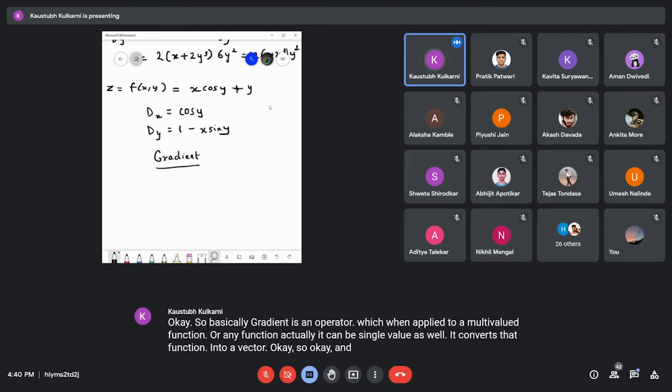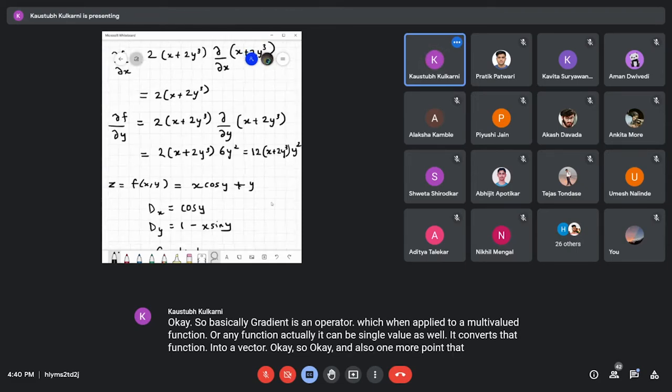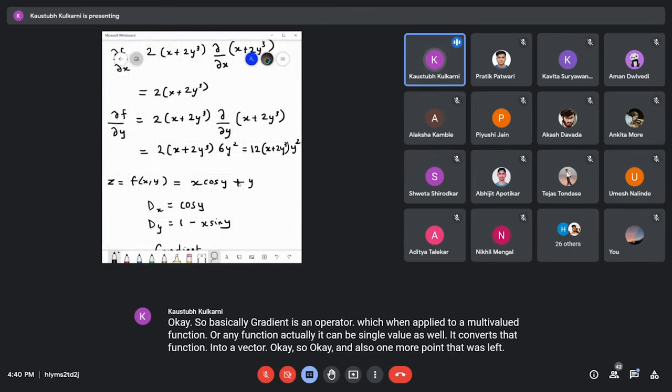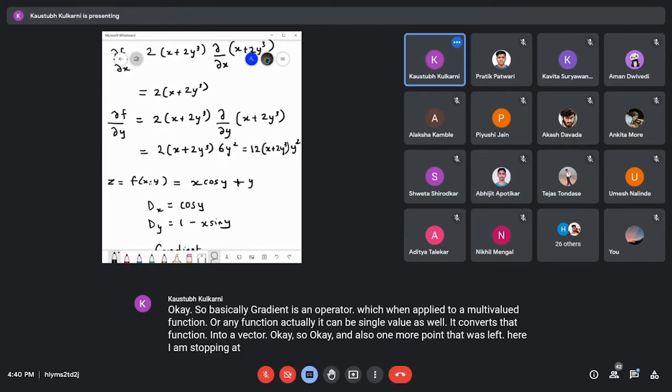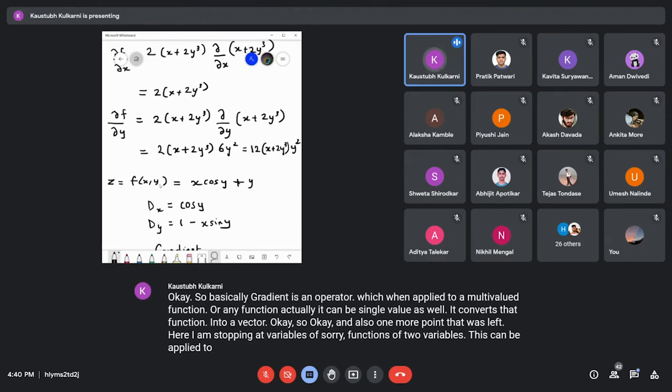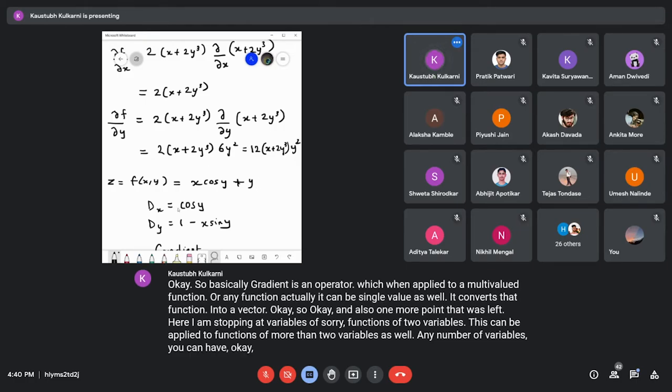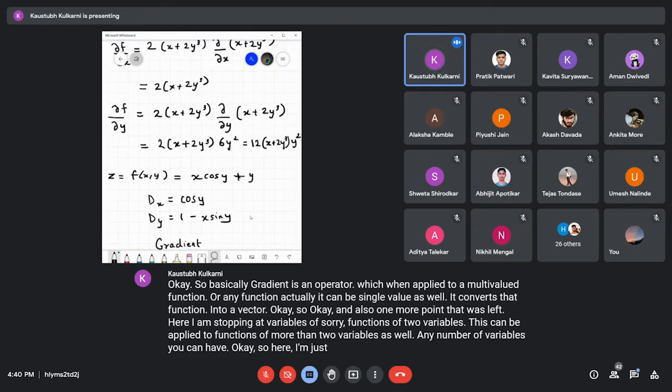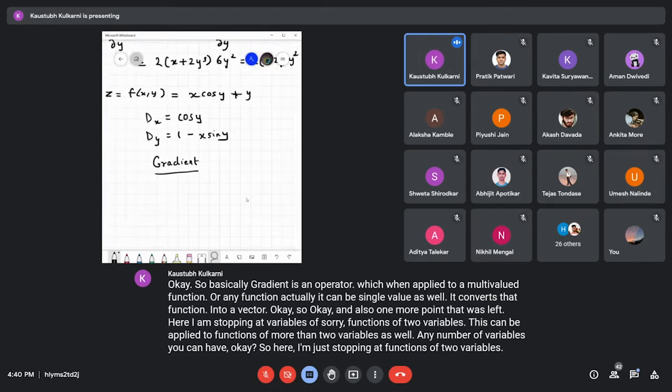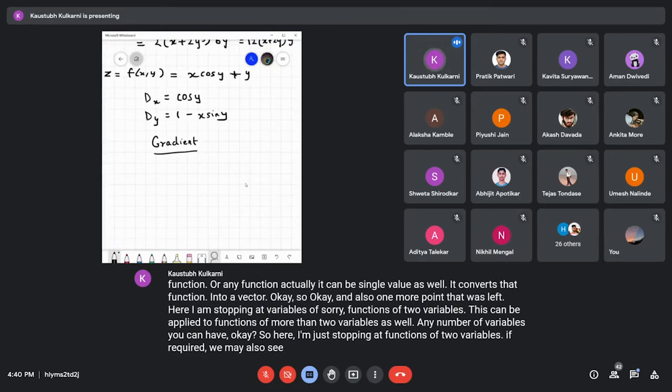Okay, and also, one more point that was left. Here I'm stopping at functions of two variables. This can be applied to functions of more than two variables as well. Any number of variables you can have. If required, we may also see functions of three variables later on.